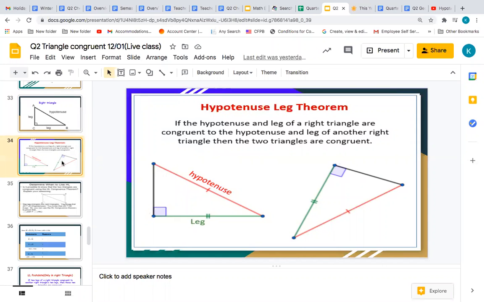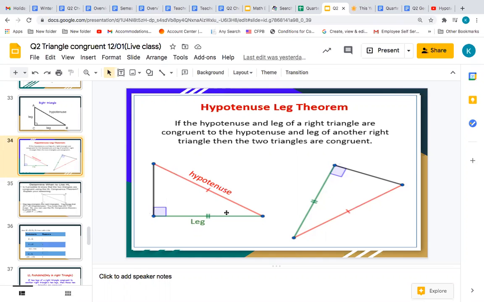Now the hypotenuse leg theorem is: if the hypotenuse and a leg of a right triangle are congruent to the hypotenuse and leg of another right triangle, then the two triangles are congruent.